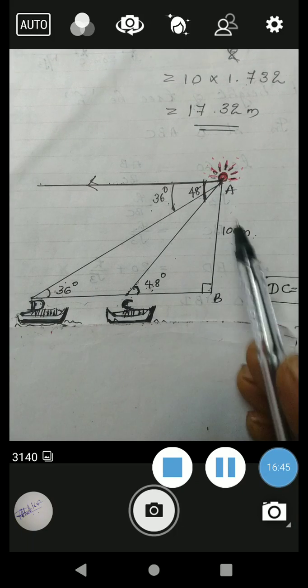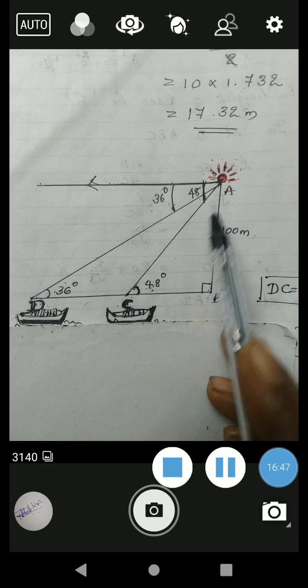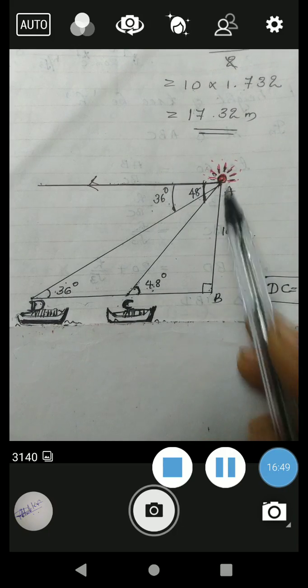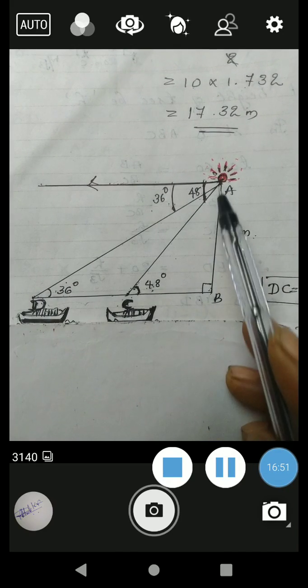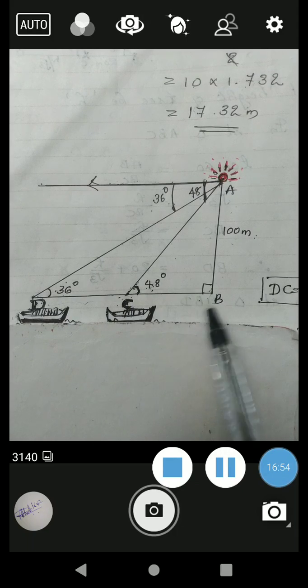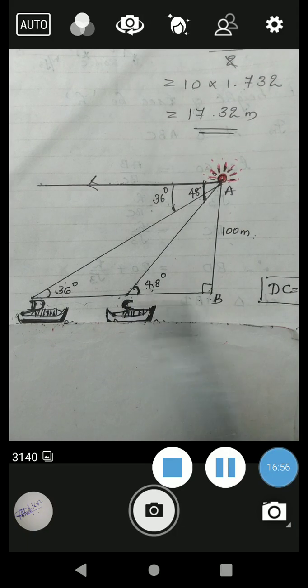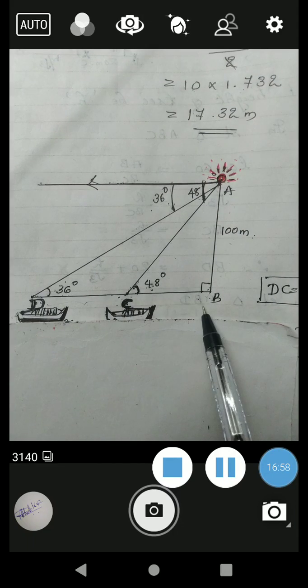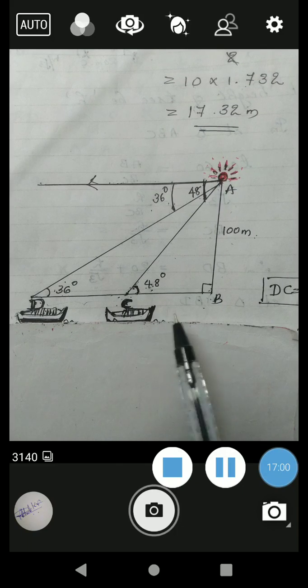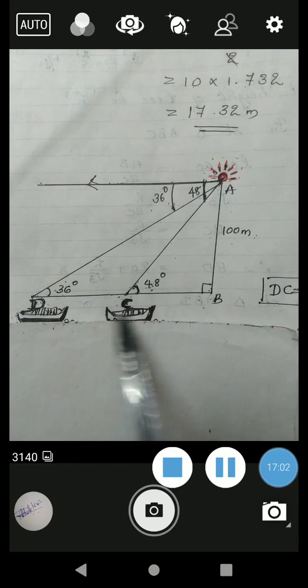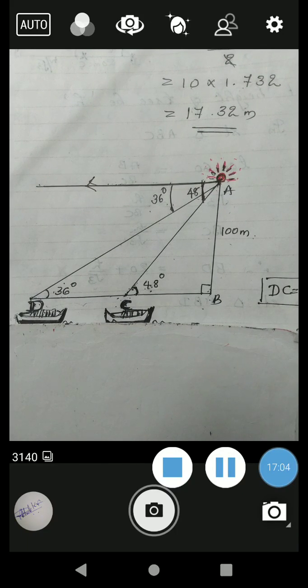Now you can see two right triangles here also, ABC and ABD. From ABC you can find BC. From ABD you can find BD. Just find the difference between these two, you will get the result, DC. Okay, let's start.